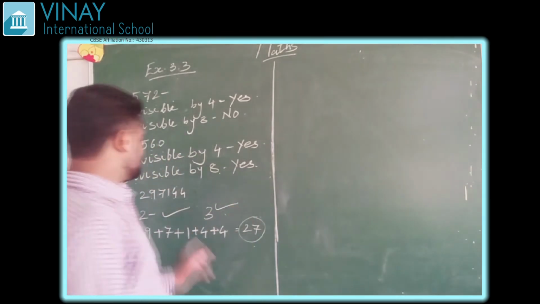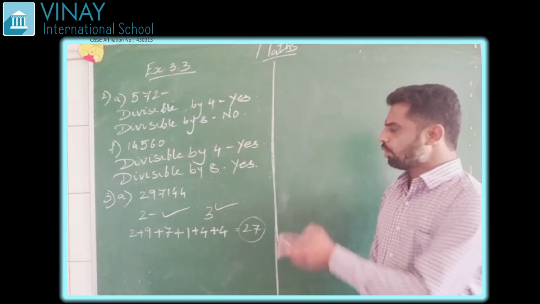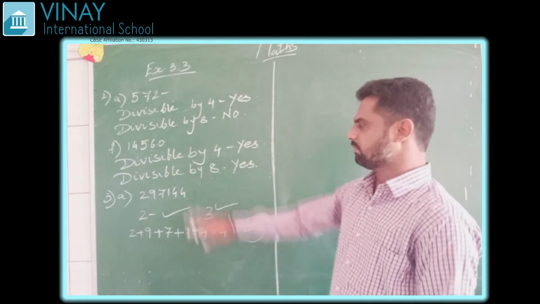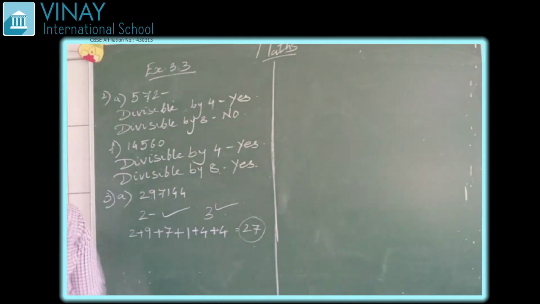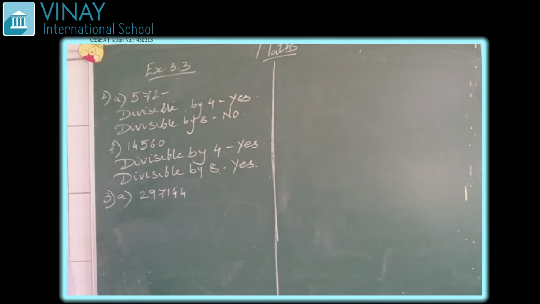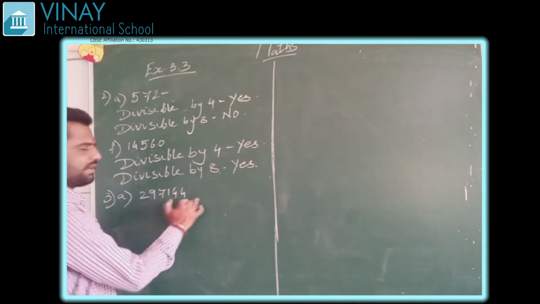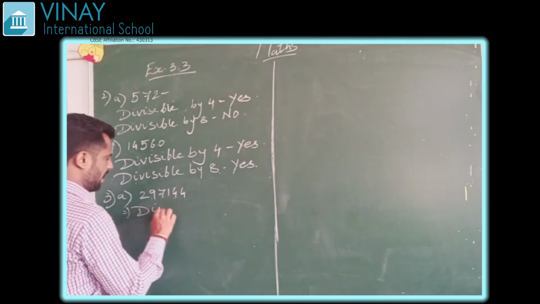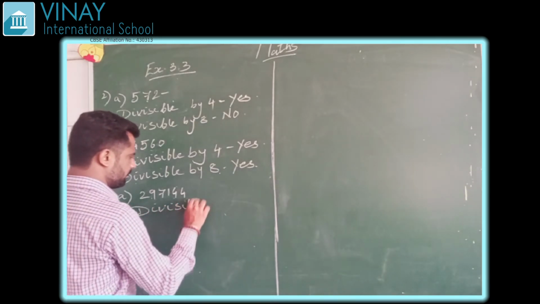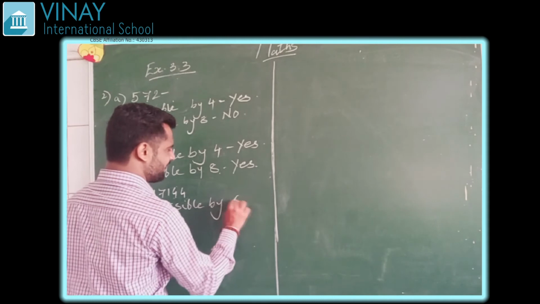And if the number is divisible by both 2 and 3, that number is divisible by 6 also. So this number 2,97,144 is divisible by 6.